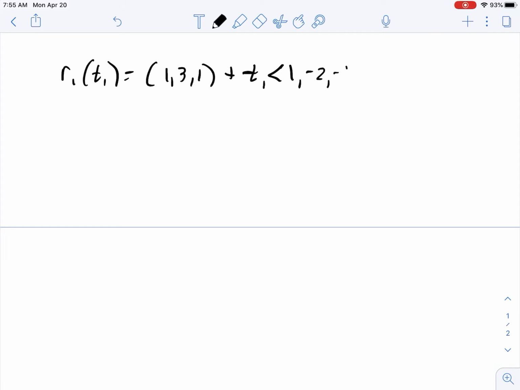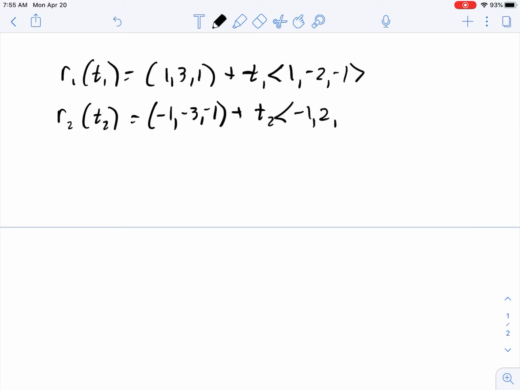All right, so let's say my R1, t1. My point here is 1, 3, 1, and my direction is 1, -2, -1. My second equation, R2, has point -1, -3, -1, and direction -1, 2, 1.